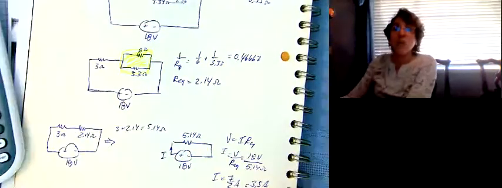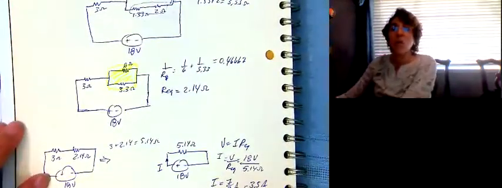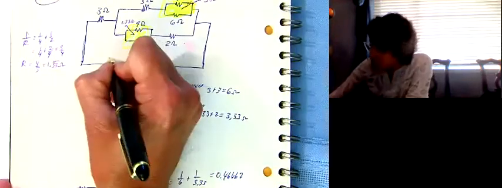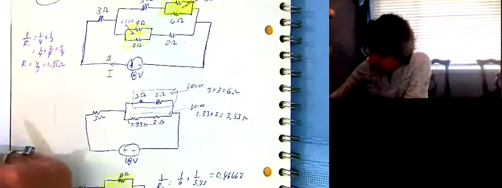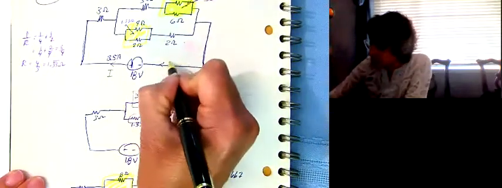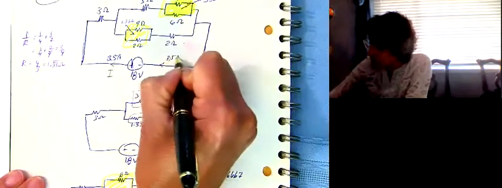So I know exactly how much current is coming through this power supply or battery. It's 3.5 amps coming into it.